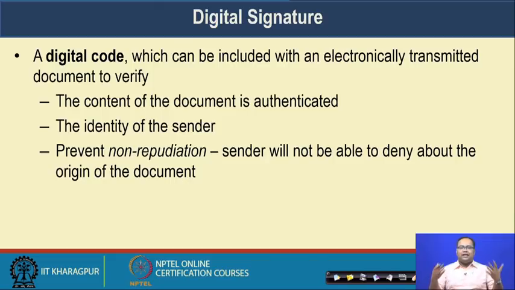It works like a sign: whenever you are sending a physical document from one person to another in an administrative domain, you need to physically sign the document and then send it, which works as a verification that the physical document is authenticated. In the same way, whenever we are transmitting some kind of digital content or digital file, you put an electronically generated code with that file which will authenticate it.